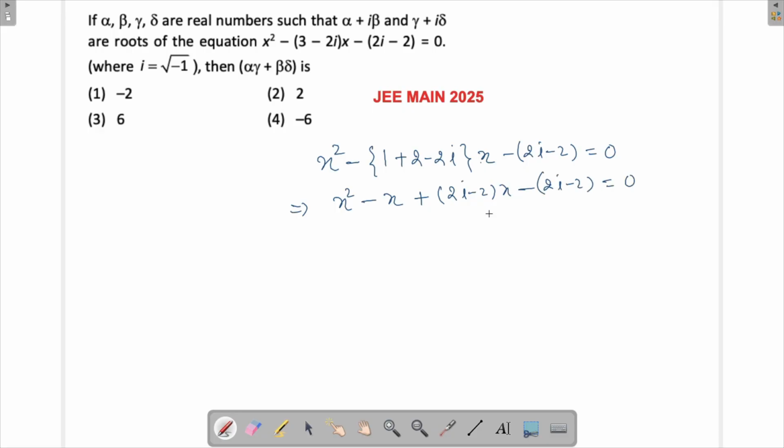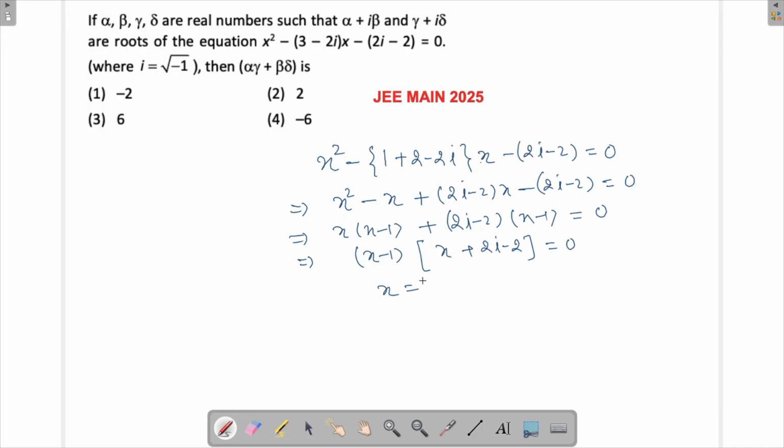And then in the next step, I can write this as x into x minus 1, and if I take 2i minus 2 common, then this will also become x minus 1 equals 0. And then I can get x minus 1 common. Then this will become x plus 2i minus 2 equals 0. And what I get is x equals 1 and x equals 2 minus 2i.